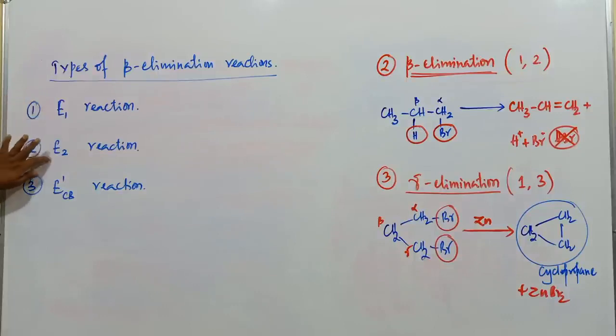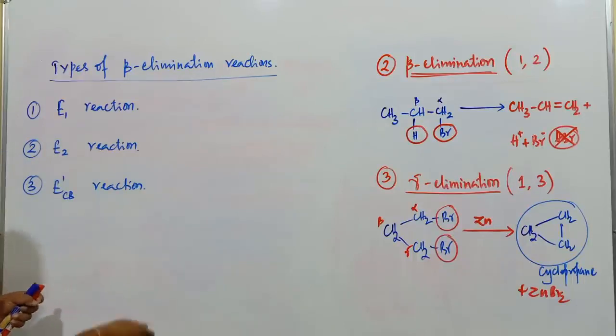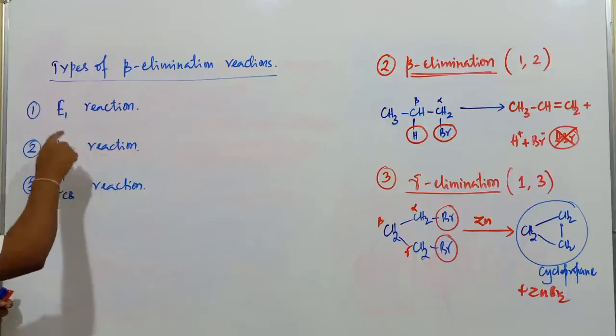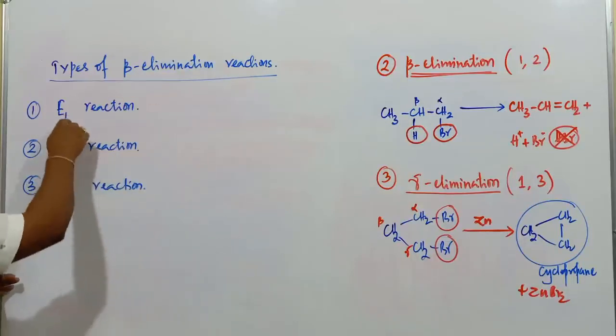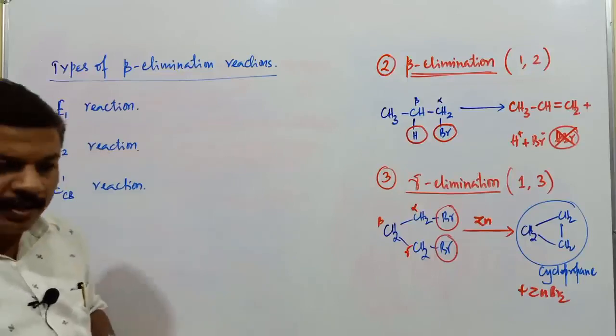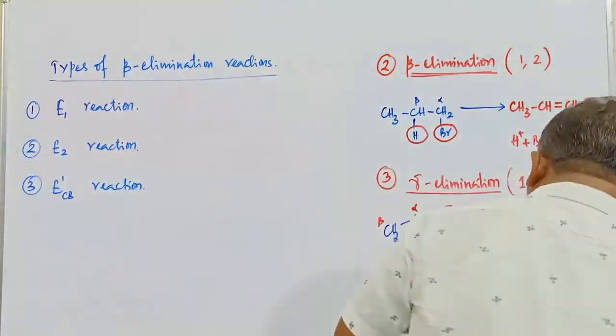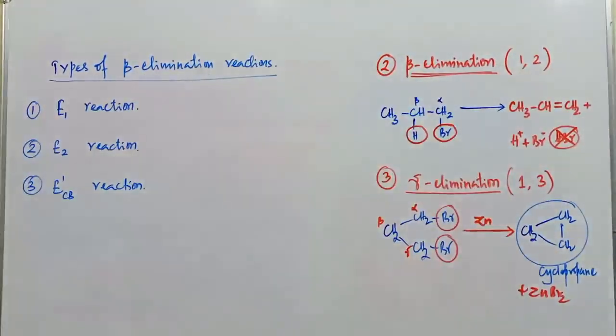Under what condition the particular molecule undergoes elimination by E2 reaction? There are some set of conditions. Different conditions are applicable for that one. So based upon those conditions, that characteristics, we can identify whether the molecule undergoes elimination by E1 or this particular E2 reaction.